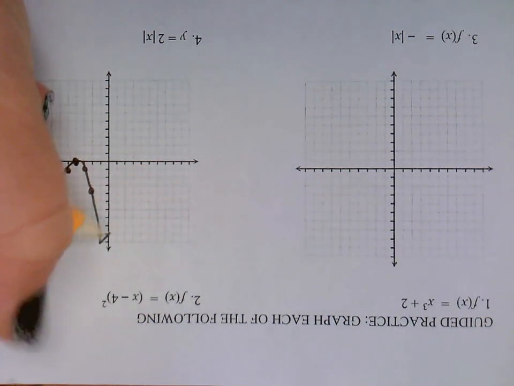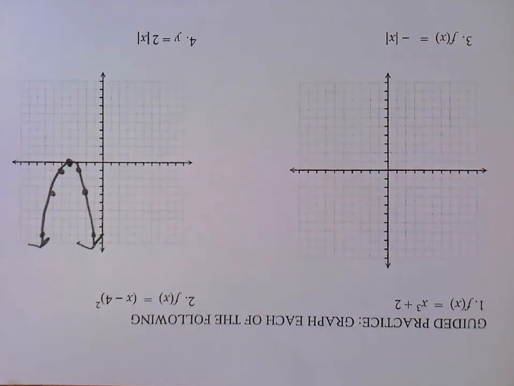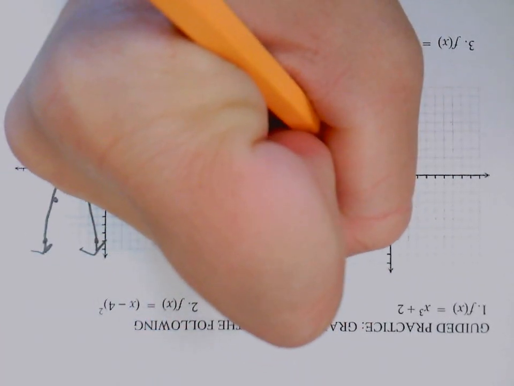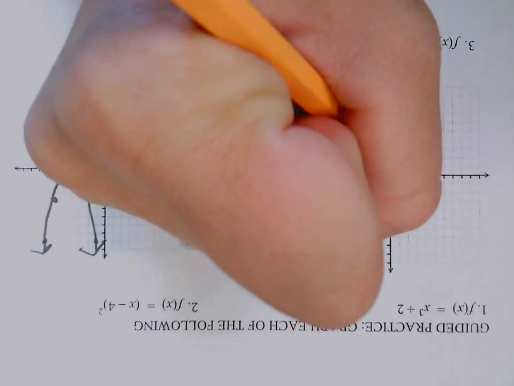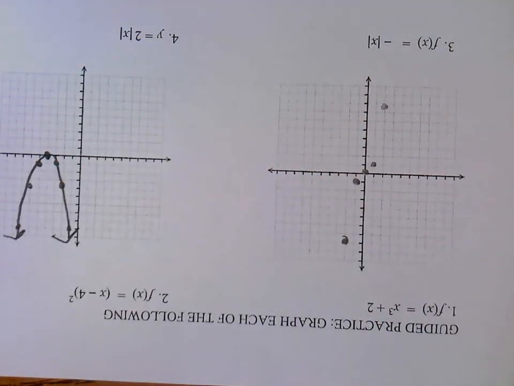Those should be a little rhythm in your head for graphing parabolas. So all those points got shifted right 4. And then this was your cubic function shifted up 2. I think I'm going to graph the parent function for myself. So 0, 0, 1, 1, and 2, 8. So there's the parent function.